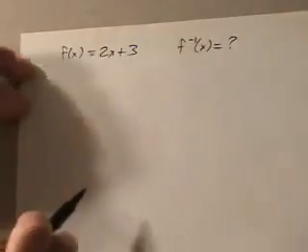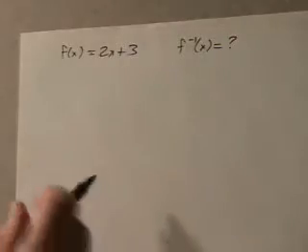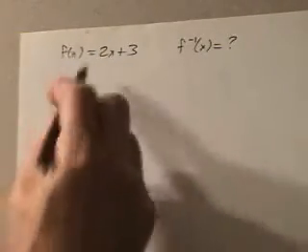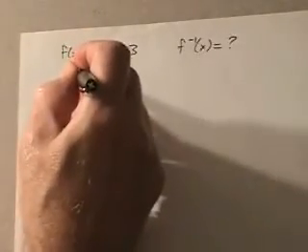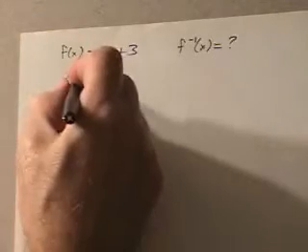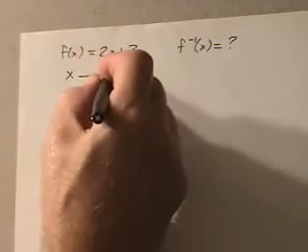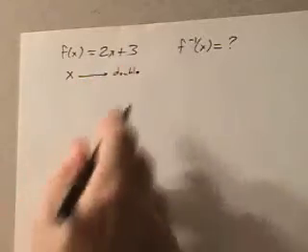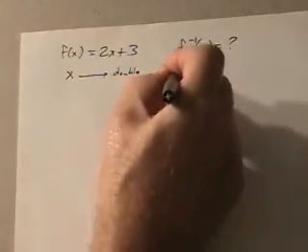And we're going to answer that question just from common sense. Here's the thing. What does this function do to x? Let's do a kind of diagram of that. The first thing that you're doing to x is you're doubling it. And then you add 3.